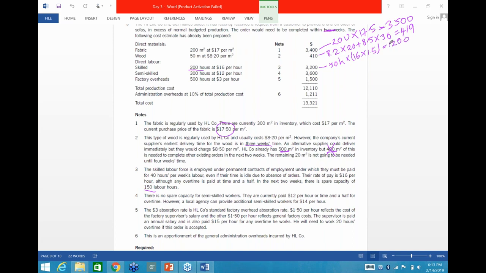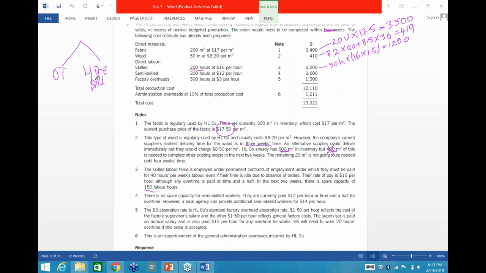Right. There is no spare capacity for semi-skilled workers. They are currently paid 12 per hour, or time and a half for overtime. A local agency can provide semi-skilled laborers for 14. So this is what I was telling you: I have the overtime option and I have the hire option. The hire option says you can hire for 14.